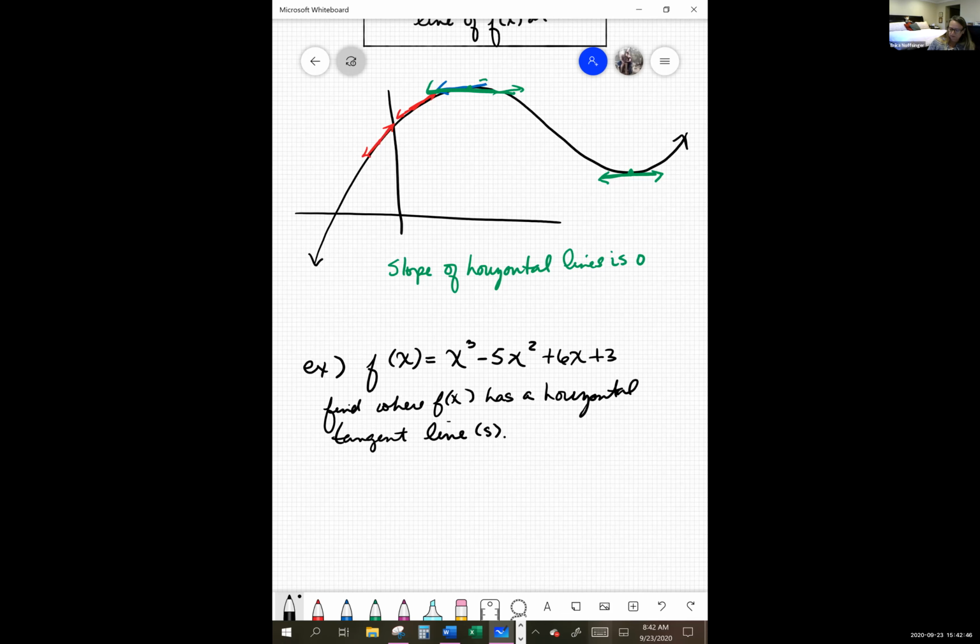So again, we need to find when f prime of x is equal to 0.